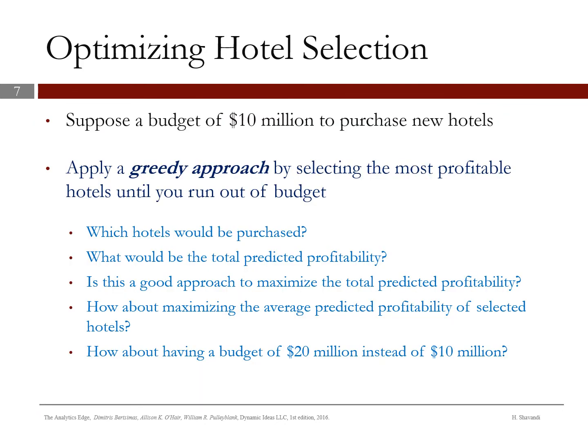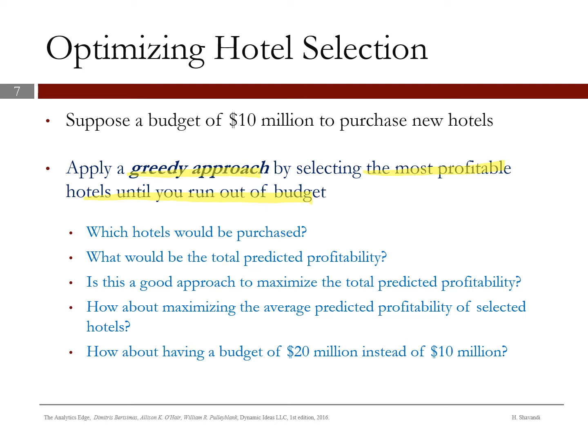Okay, now suppose that we have $10 million as our budget to purchase the new hotels. So let's assume that we want to apply a greedy approach here. The greedy approach would work like this, selecting the most profitable hotels until you run out of budget.